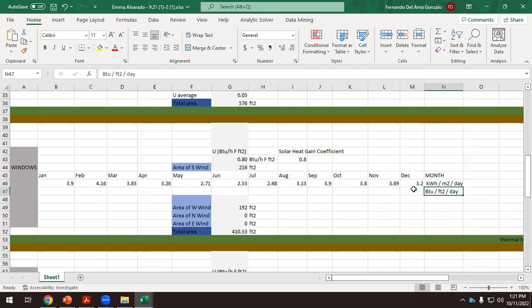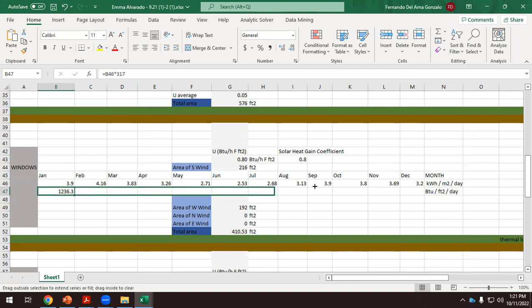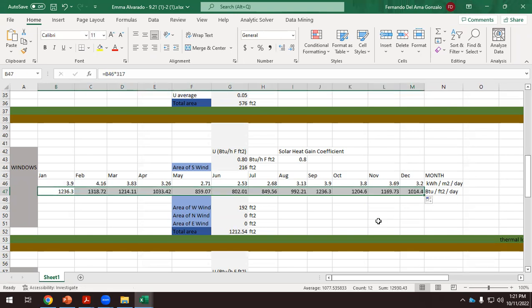Now I have to turn this into BTU. So this cell equals the value in kilowatt hours times 317. And now I can go all the way here.